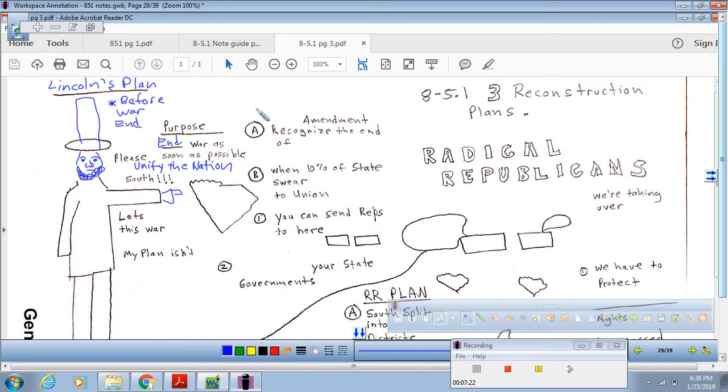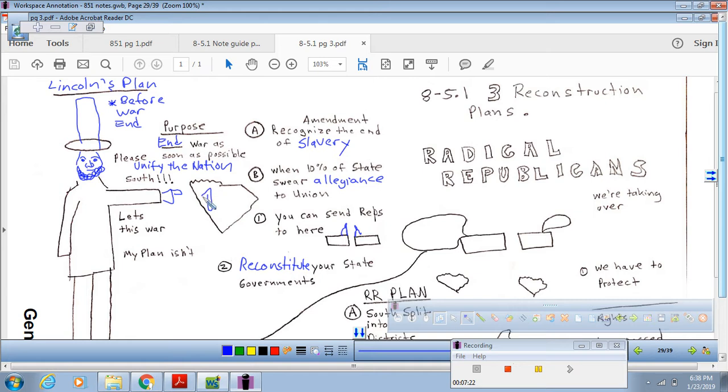And it consisted of recognizing the end of slavery and swearing. When 10% of the state swears allegiance to the Union, they can reconstitute their state governments and possibly send representatives to the capital.